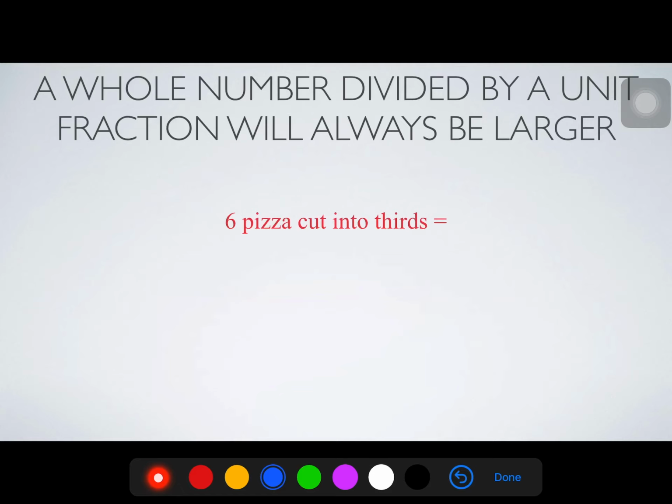So then, for example, a whole number divided by a unit fraction will always be larger, if it's the opposite. If I take 6 pizzas and I cut them into thirds, that is the same as saying 6 divided by 1/3. And that means I'm getting 3 pieces for every one whole. So my answer is going to get bigger. And what would 6 divided by 1/3 be? I could just divide across like how you multiply across in fractions.